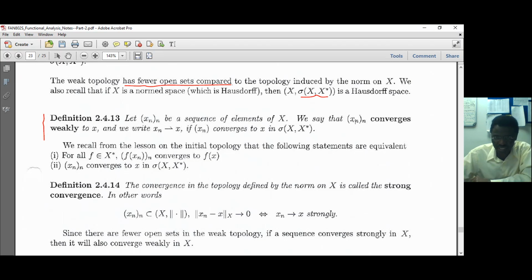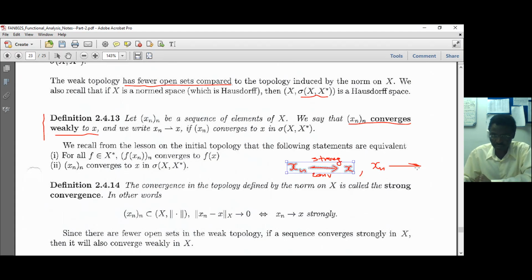We say that Xn converges weakly to X. Now, you see the notation. For normal convergence, we say Xn converges, with the full arrow, to X. Now, this is strong convergence, that is convergence from the strong topology. And if it converges weakly, we have only the arrow with one head.